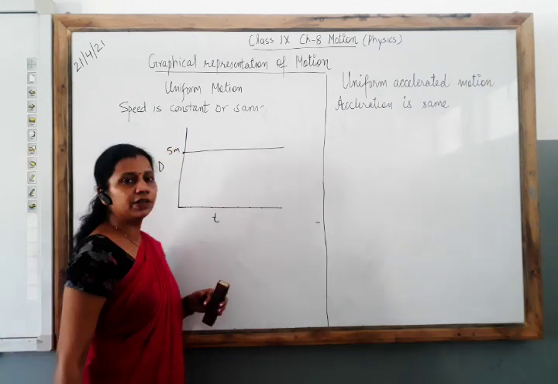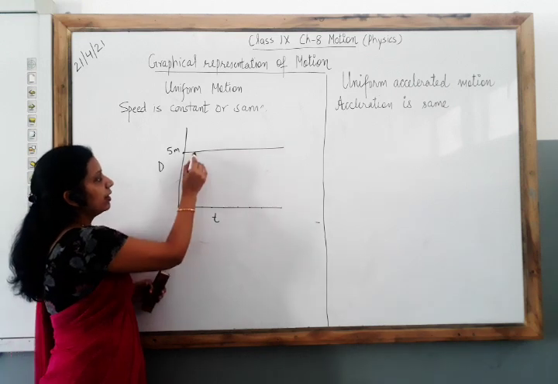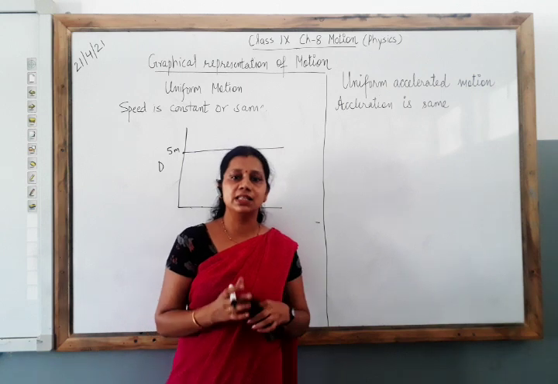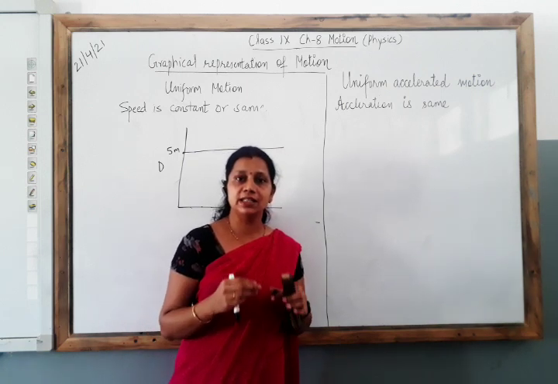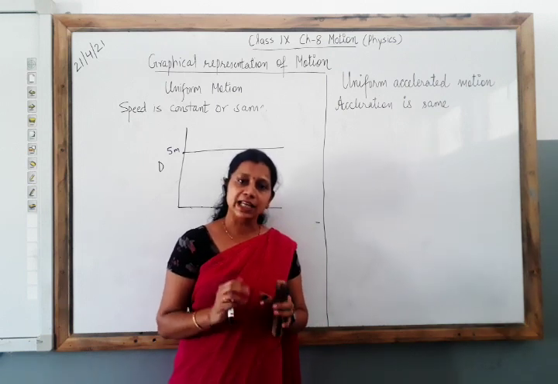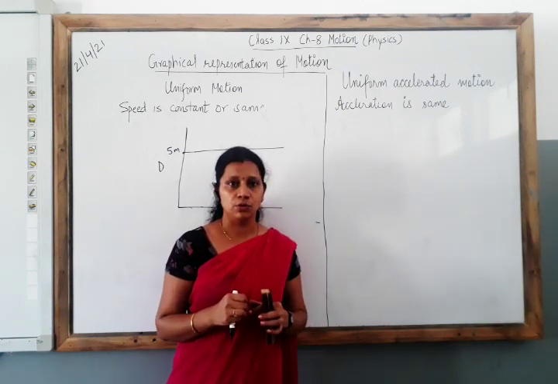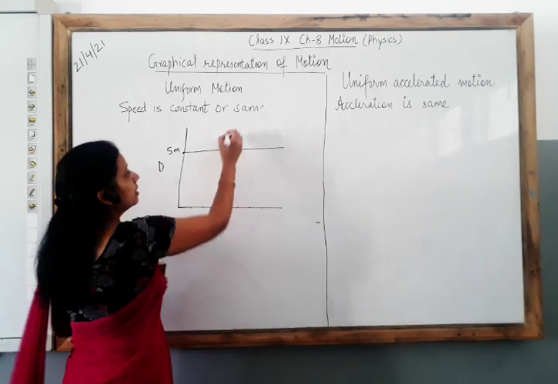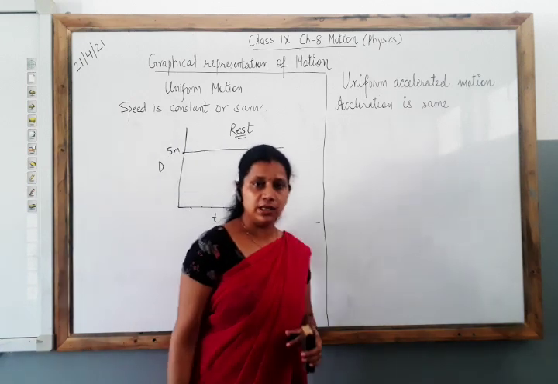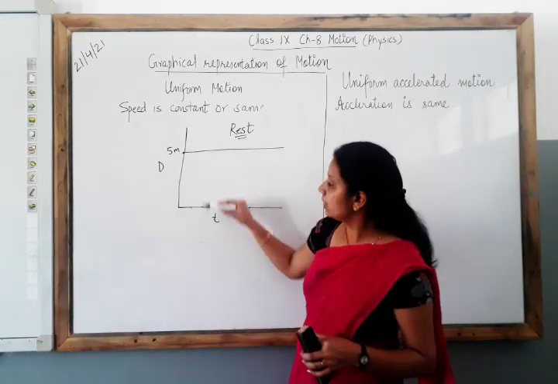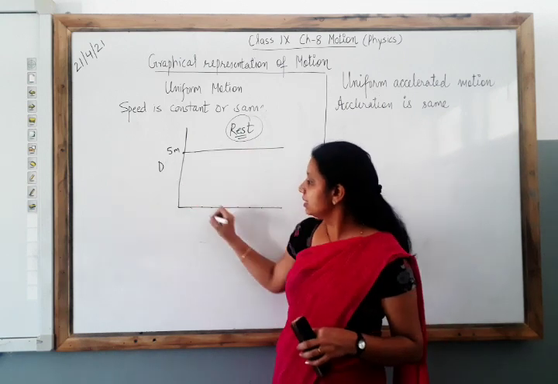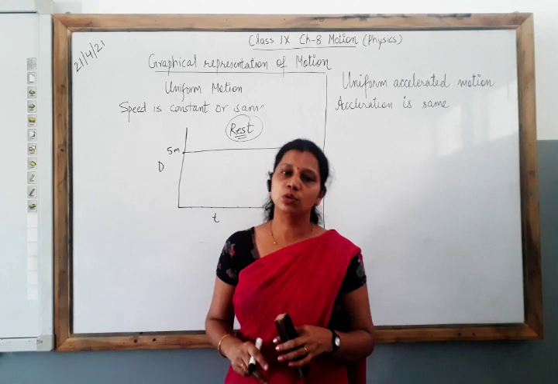At 1 second, 5 meter, 2 seconds, 5 meter, 3 seconds, 5 meter. That means the distance is not changing, and when distance is the same, that means the object is not moving at all. Its position is fixed, so here your speed is 0. The object is in rest position. So a line parallel to the x-axis in a distance-time graph shows the rest position of the object. This is important to note.